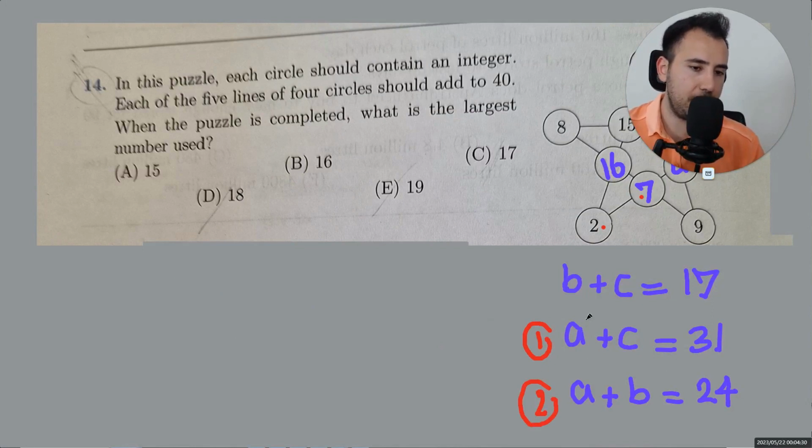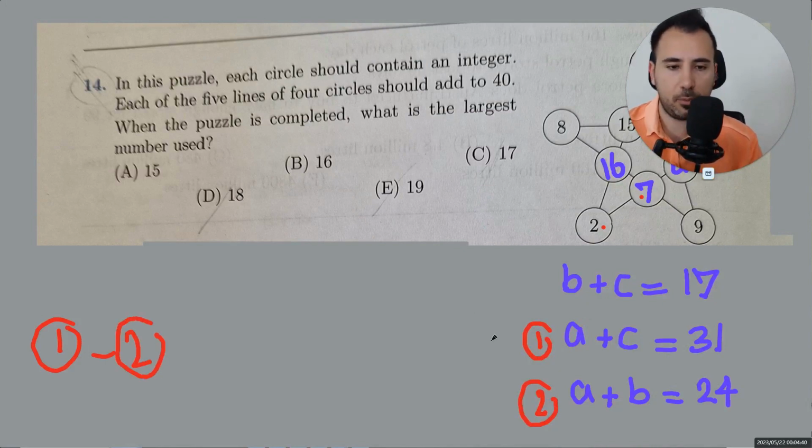When we minus them, it would be A minus A, so the A's will be gone. So 0. And then we'll have C minus B equals 31 minus 24, 7. So C minus B is 7.